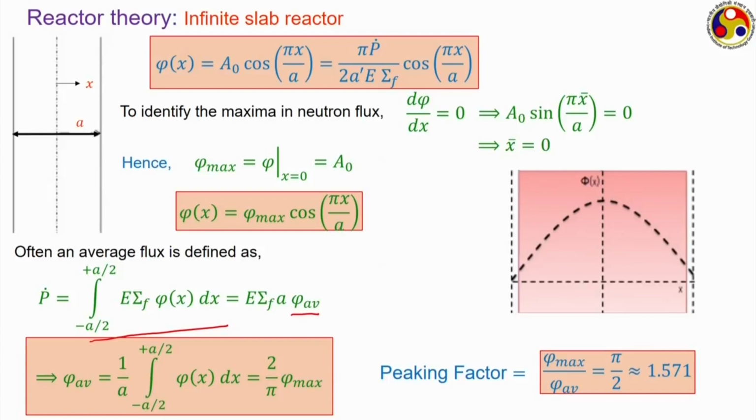This peaking factor is defined as a ratio of the maximum flux and the average flux, and in this case it is clear the maximum flux is about 1.57 times greater than the average flux. So, that is a strong indicator of the asymmetry that can be present inside the reactor in such a configuration.